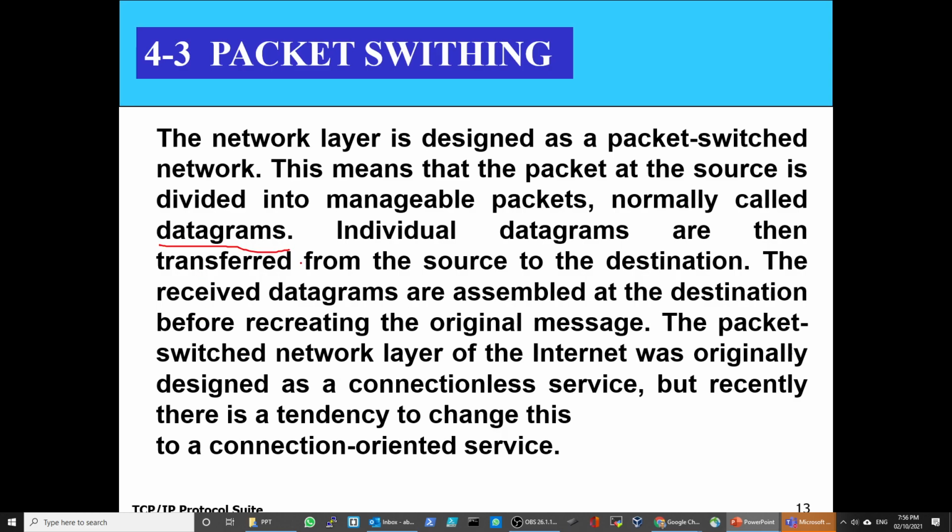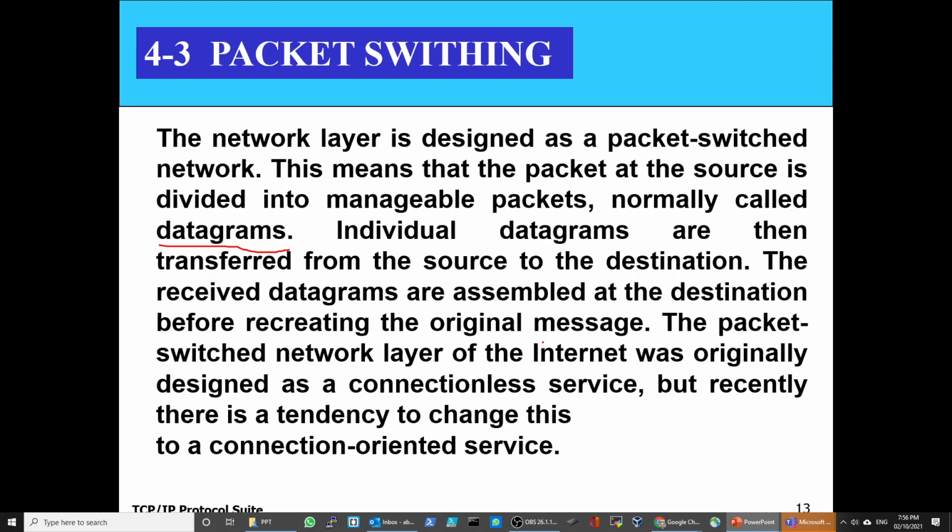Individual datagrams are then transferred from the source to the destination, and the received datagrams will be assembled at the destination. The packet switches from one network to another network, or in our example, from one highway to another highway, until it gets to the destination.